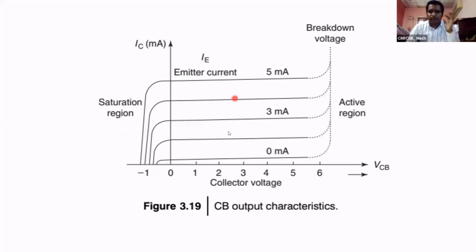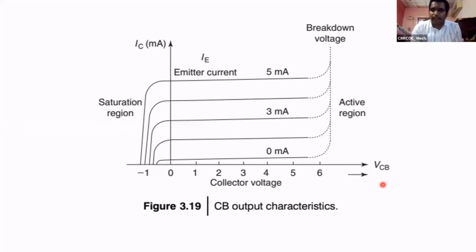Now come to the active region. If you increase the VCB, the collector current is constant. The collector current depends on the IE, that is emitter current, not on VCB. The output voltage does not influence the collector current in active region. So the collector current depends on emitter current only.